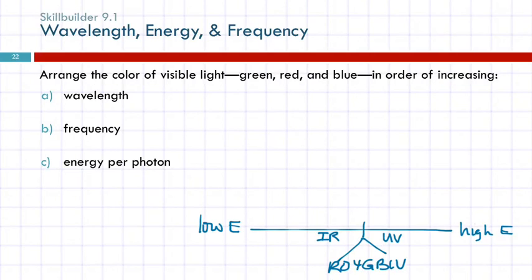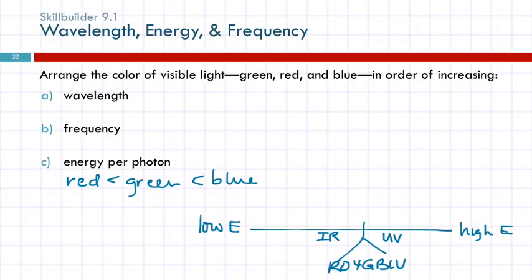So you put the lowest first, and then the middle one, and then the highest. And as you go through that list you made, they increase. So red is lower in energy than green, and blue is more energetic than green. Okay?